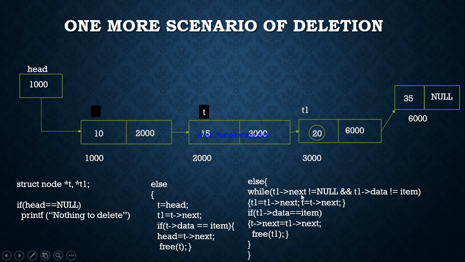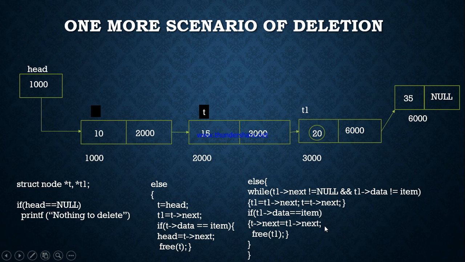T1 of next not equal to null: T1 of next is now 6000, so it is not null. And T1 of data not equal to item: T1 of data is 20 and we are also searching for 20, so this condition is false. So our control will go out of the while loop.